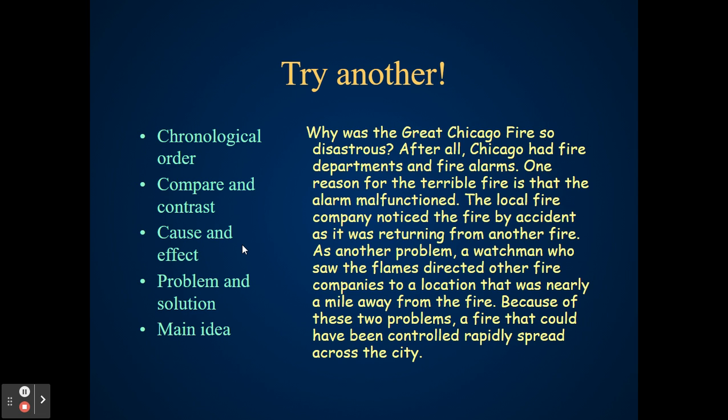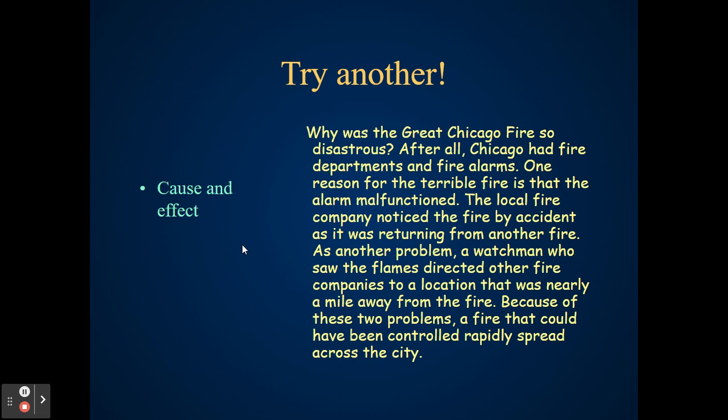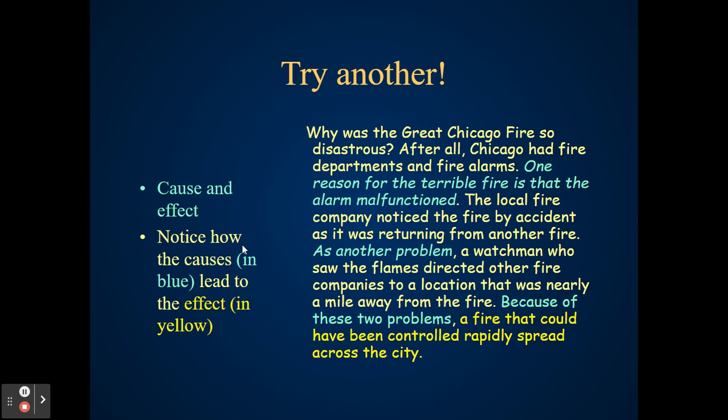So go ahead and pause and read this and decide which one on the left it would be. All right, this is the same information still about the Great Chicago Fire, but now this is a cause and effect. So it says, in blue, here's your cause. It says one reason for the terrible fire is that the alarm malfunctioned.